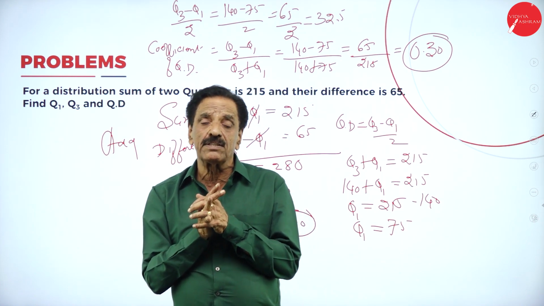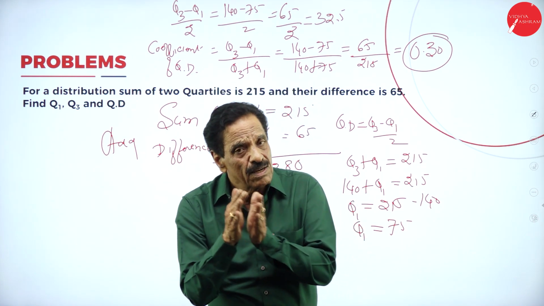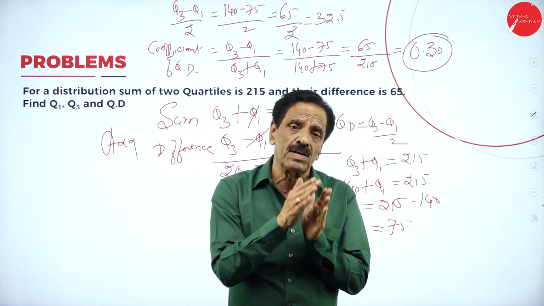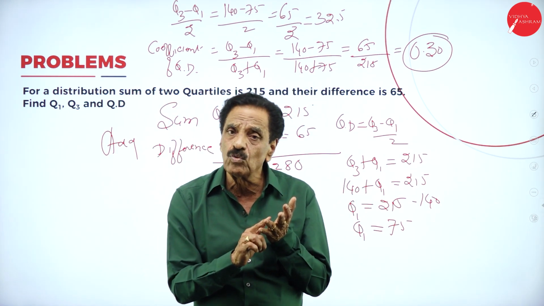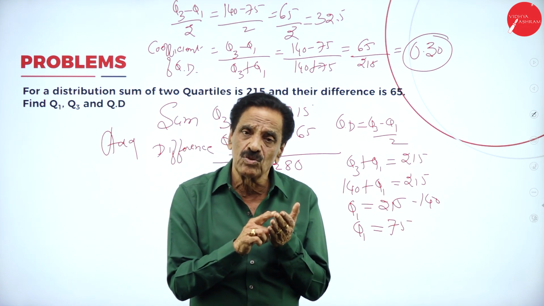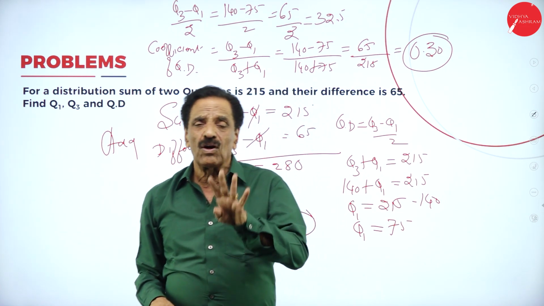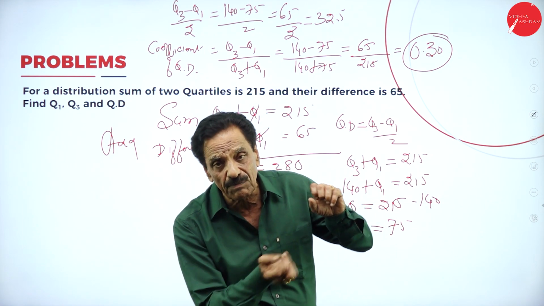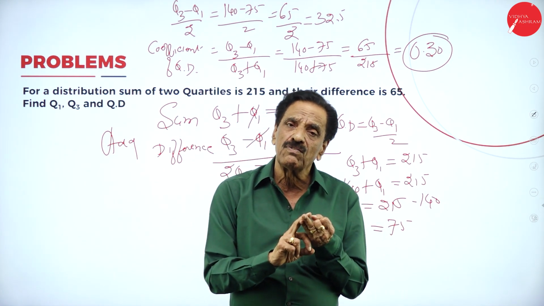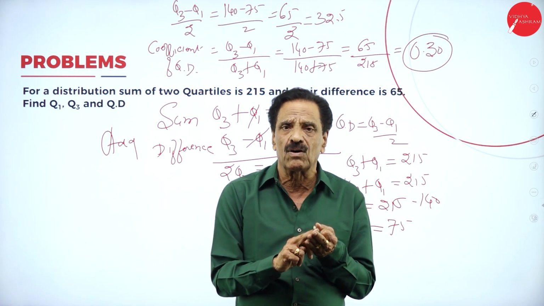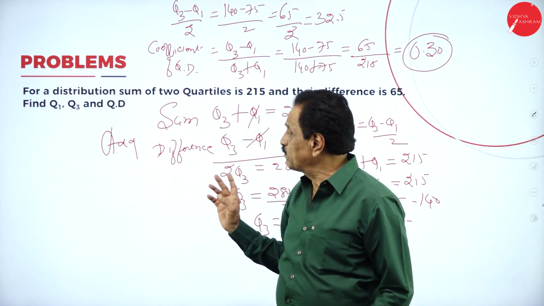Coefficient of quartile deviation is Q3 minus Q1 divided by Q3 plus Q1. Q3 is the third quartile, Q1 the first quartile, Q2 the second quartile. A quartile is a subdivision, 1/4 of the number of values. So we have solved all types of problems.